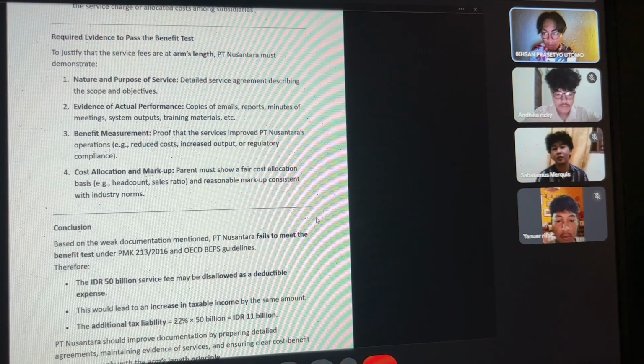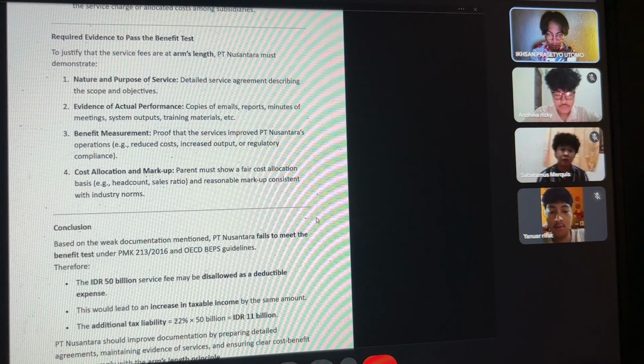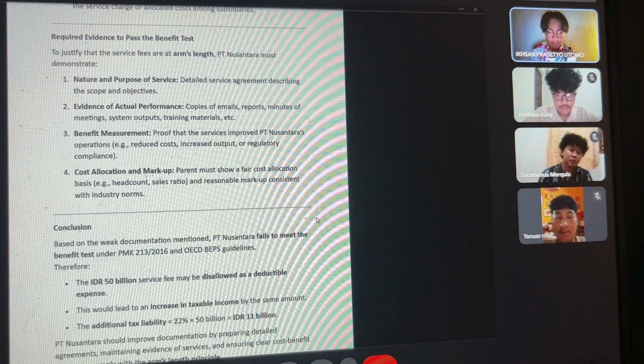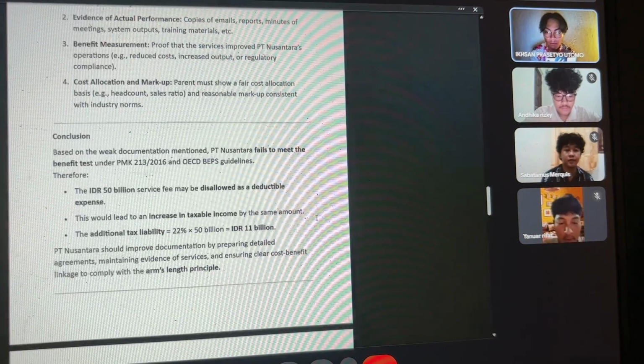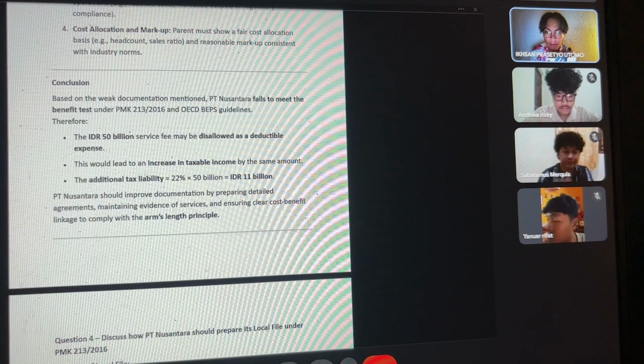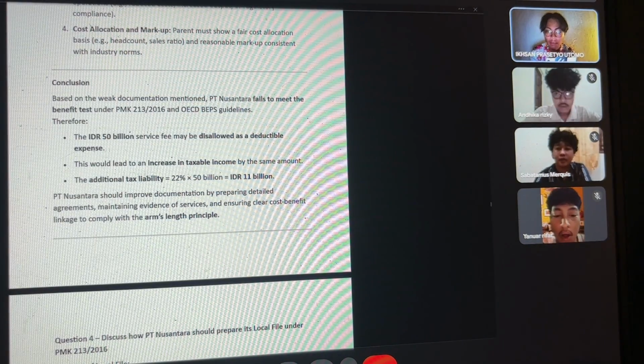And then for the conclusion, based on the weak documentation mentioned, PT Nusantara fails to meet the benefit test under PMK 213 tahun 2016 and OECD BEPS guidelines. Therefore, the 50 billion Indonesian rupiah service fee may be disallowed as a deductible expense.